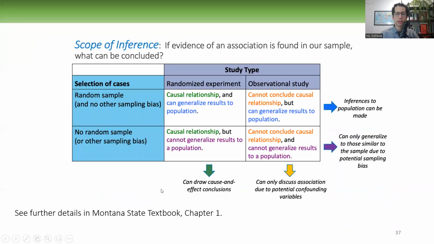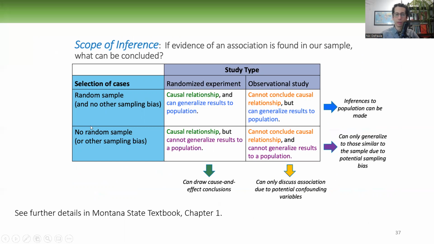Ultimately, I want to end with this scope of inference chart here, which I find useful from our textbook. It shows how we can make this kind of inference of generalizability and causality from our study and our research.